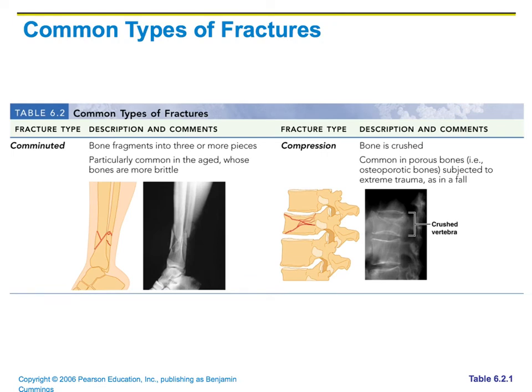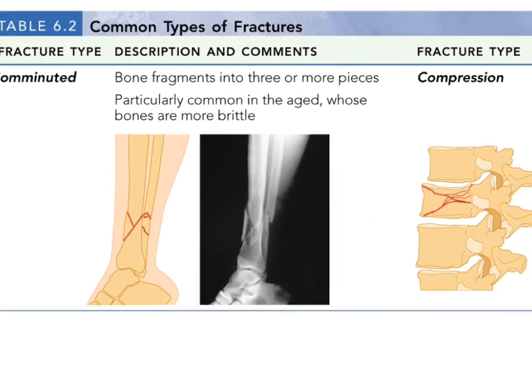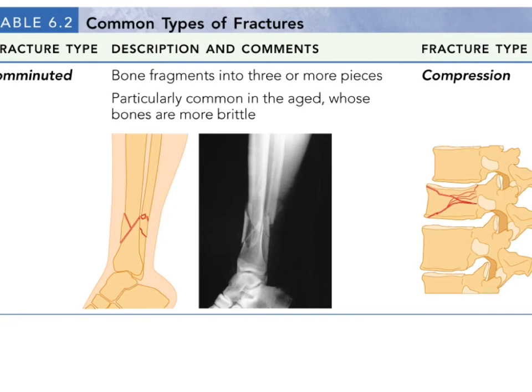We'll see these on x-rays here. You can see here in the area of the ankle, there's multiple fractures. There's a little fragment here, there's a crack here, another crack here. So this is a comminuted fracture. This, you would say, is a displaced fracture.